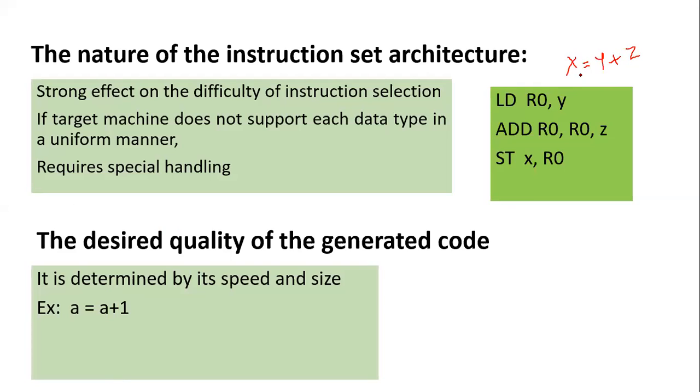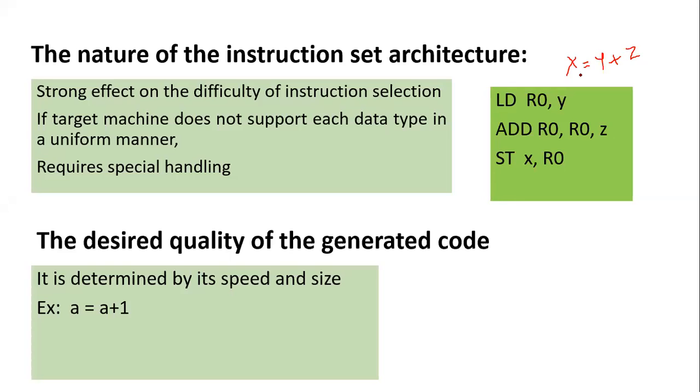Then you will see the data type: if it is integer type, you will just write like this, and if it is float type, you will add separate instructions required to handle that. Like that, the nature of the instruction has an impact on the architecture.